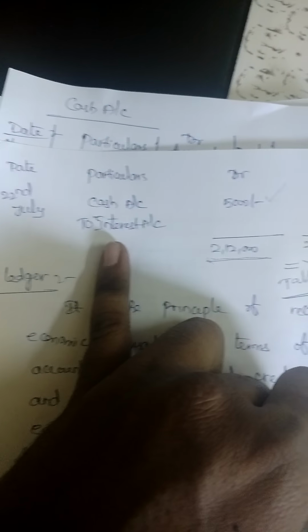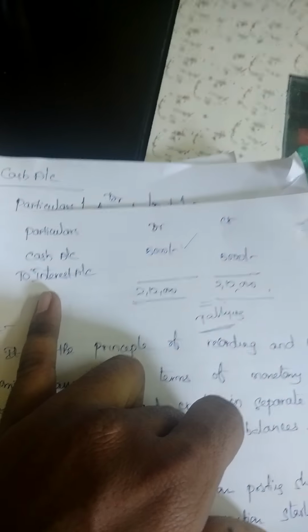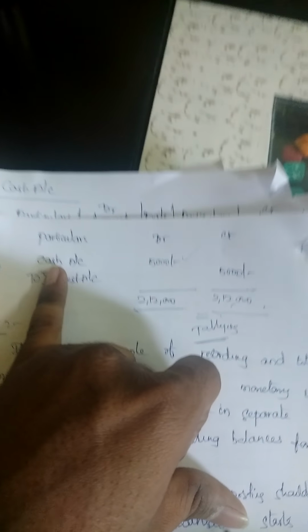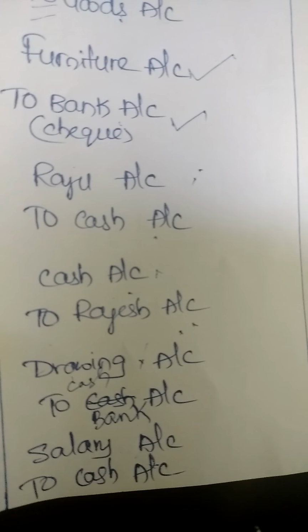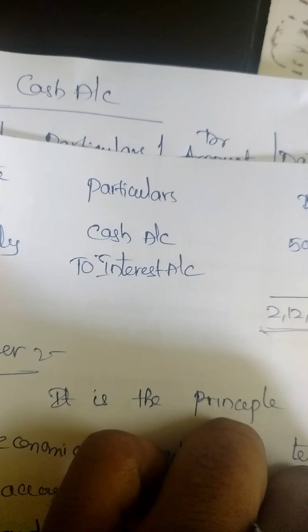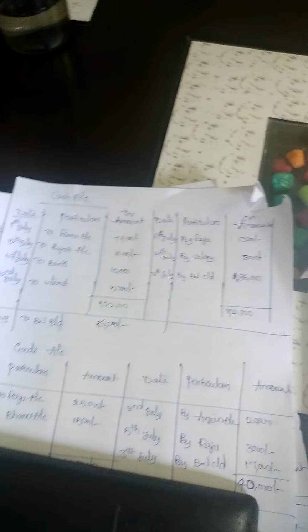That cash account is for the interest account. So we have 3 cash account informations in the journal. First one is cash account to Ramu, second one is cash account to Rajesh, third one is cash account to interest. So these 3 informations we have to post in the ledger.